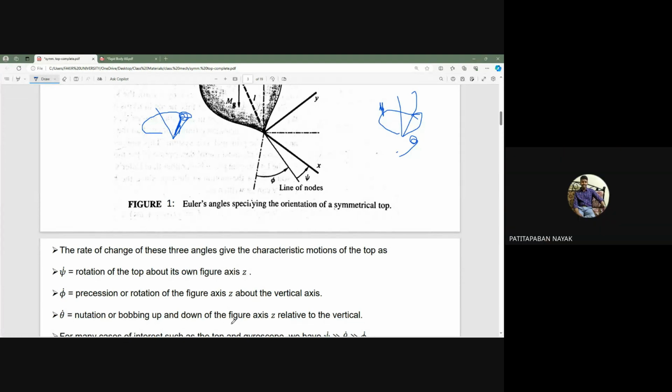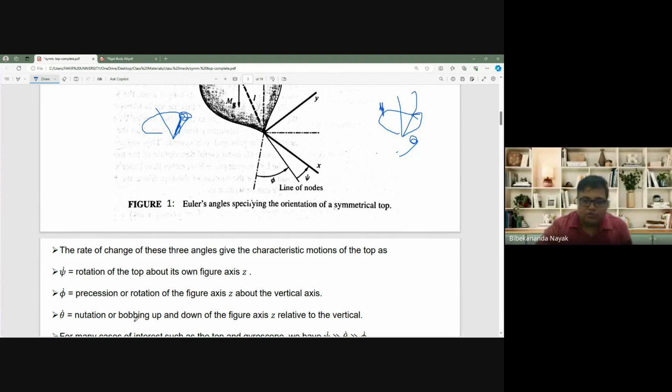Bobbing up and down means just moving up and down; its pin point is not at rest, slightly changing position.